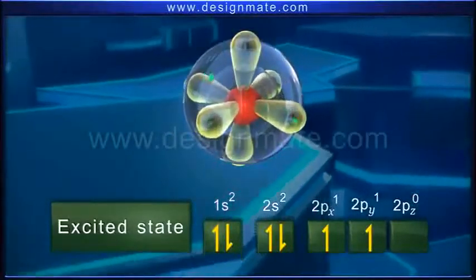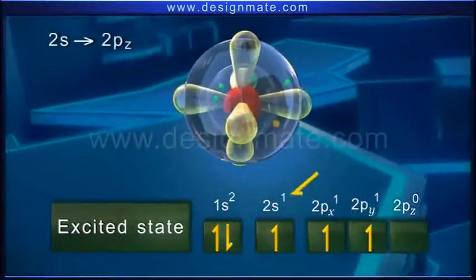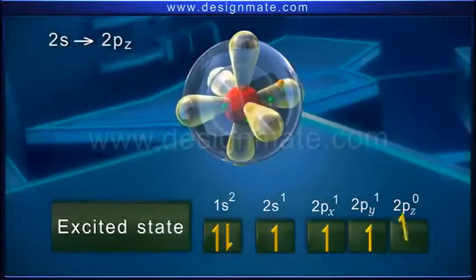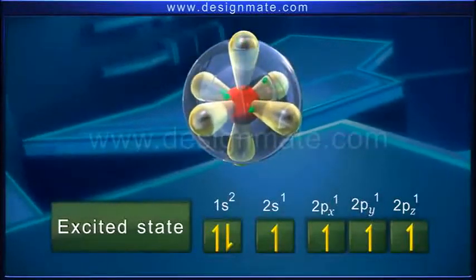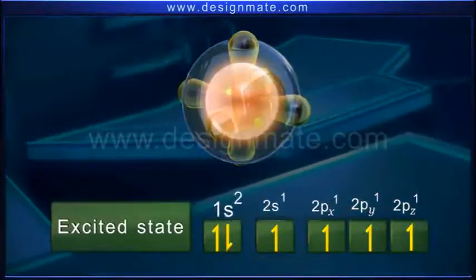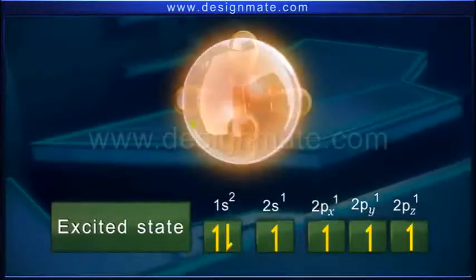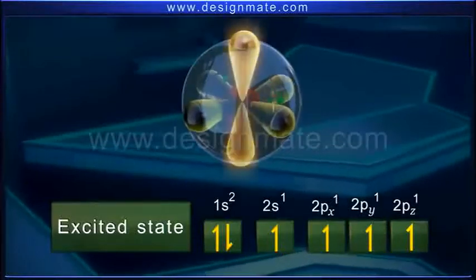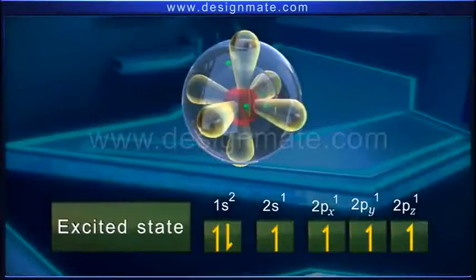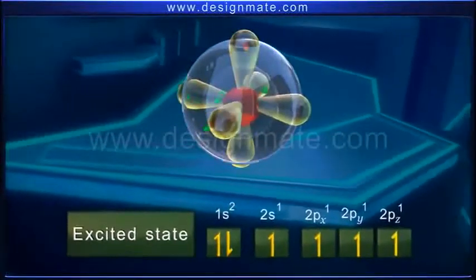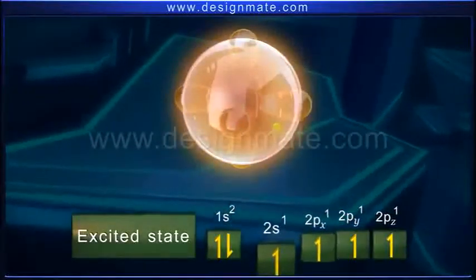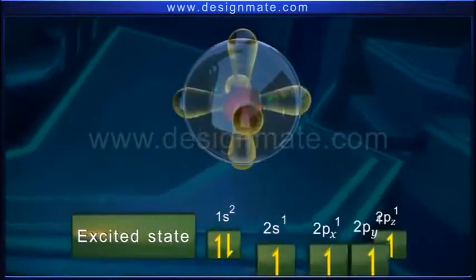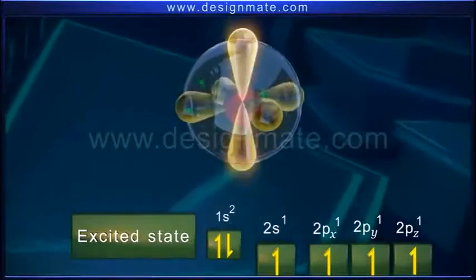On excitation, an electron jumps from the 2s orbital to the 2pz orbital, resulting in an electronic configuration of 1s2, 2s1, 2px1, 2py1, 2pz1.